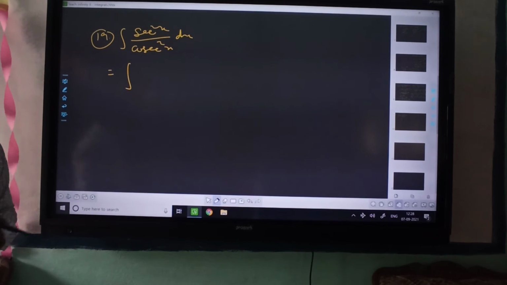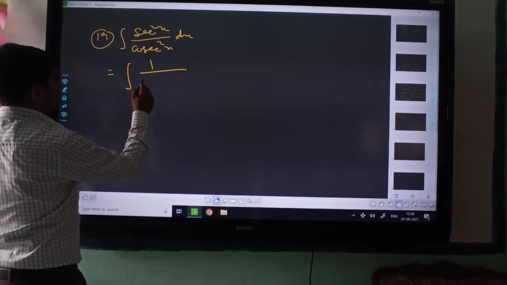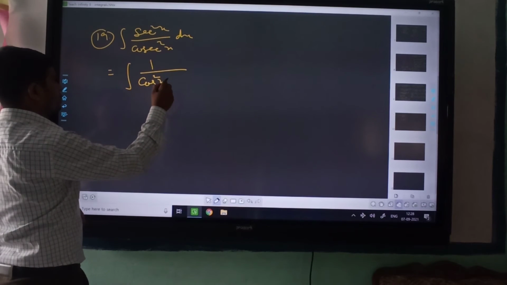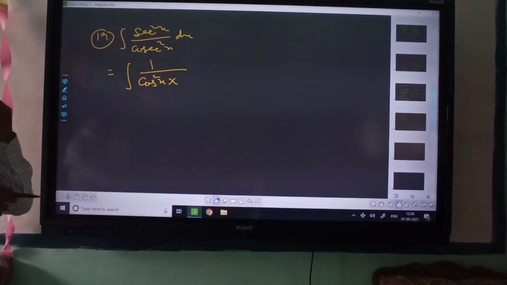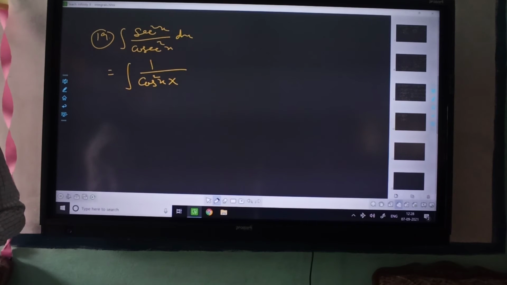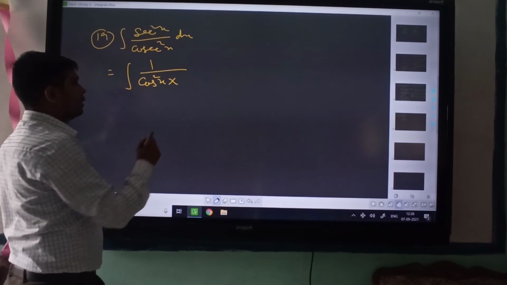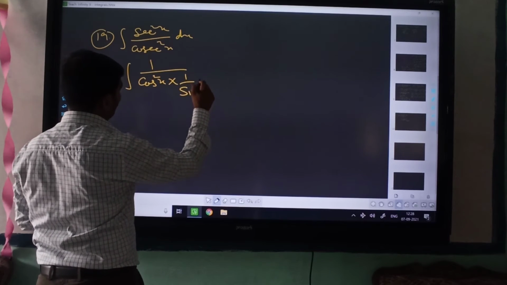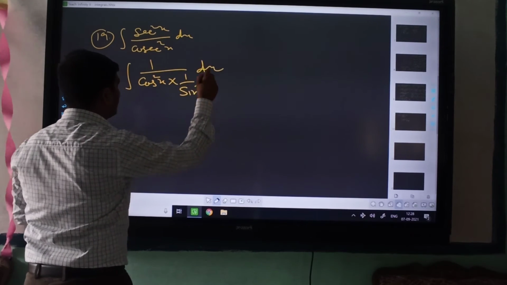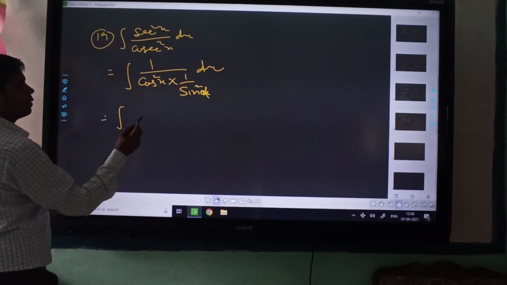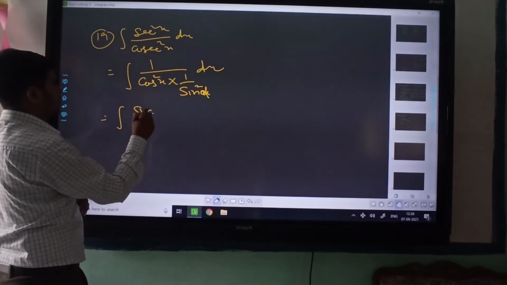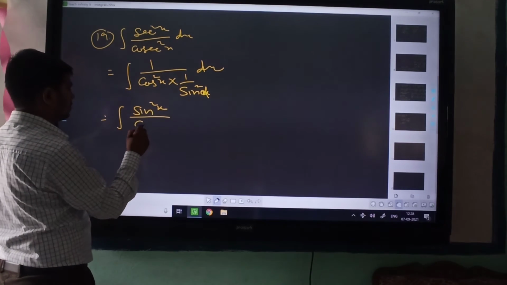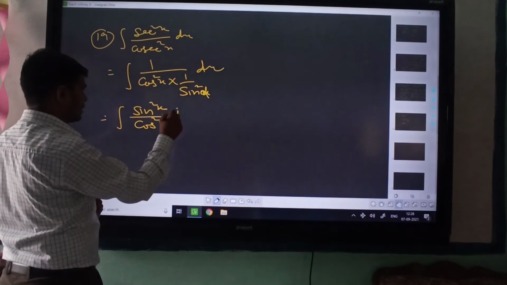Sec square x can be written as 1 upon cos square x, and cosec square x can be written as 1 by sine square x. This will be sine square x upon cos square x dx.